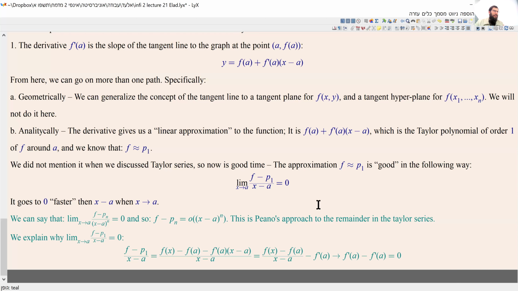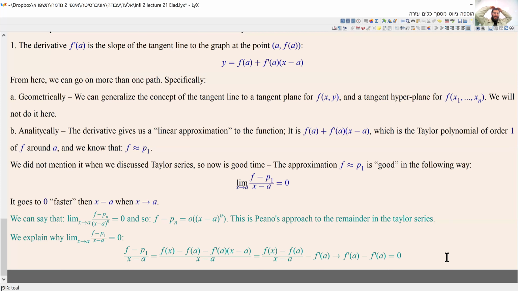We discussed the Lagrange approach last week. And as I mentioned, maybe for next week, no, it's not your problem. Maybe I should put it inside the syllabus itself, not just as a side note, in a different part of the course. Okay, so f is approximated by P1 well in the following way.